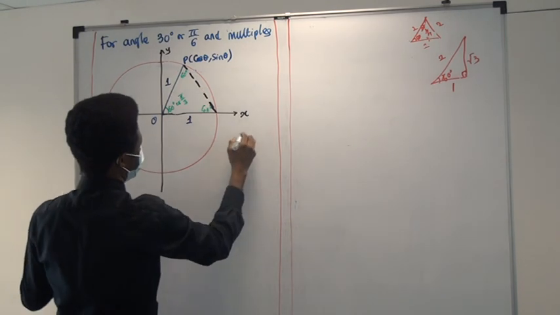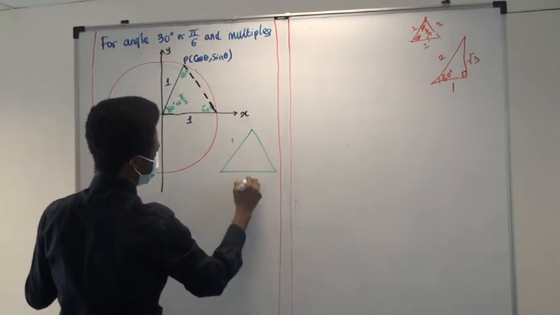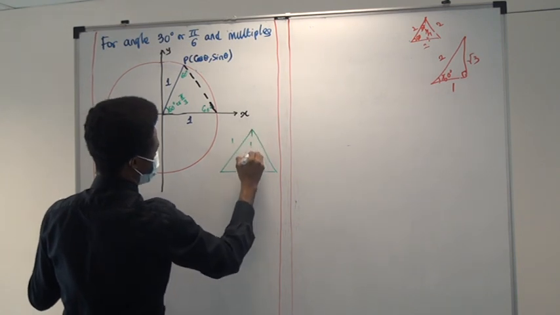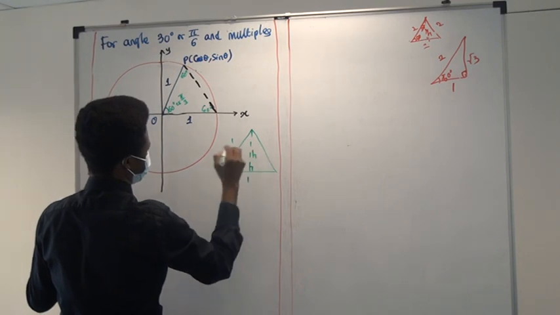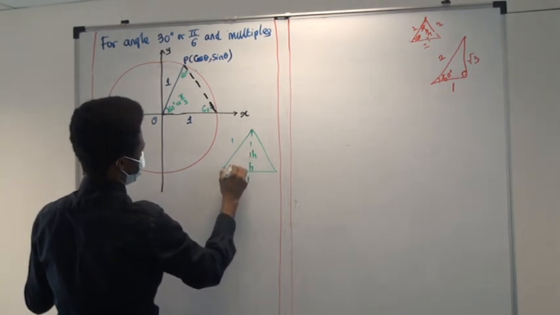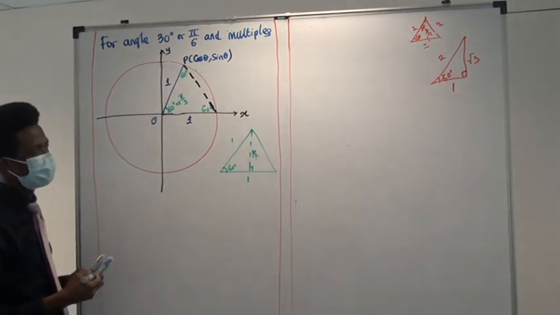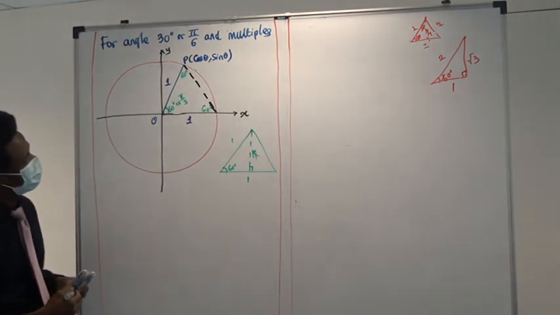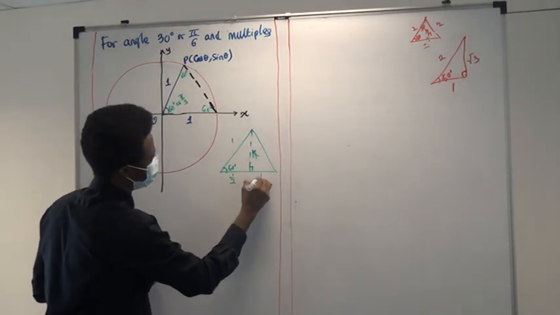So from here, we can bring out that triangle, 1, 1. We try to find the height, maybe we just call it height k, so h doesn't look like hypotenuse. Now, this is 1, so you agree with me this is going to be 1 over 2, 1 over 2.